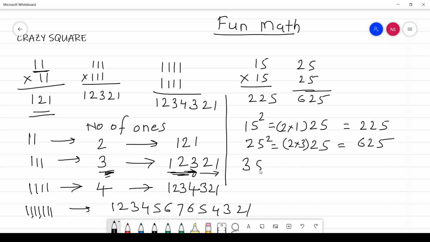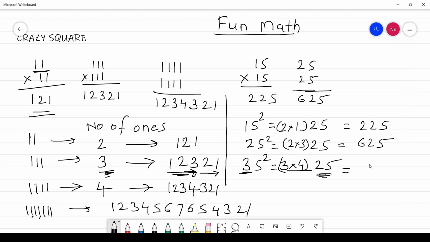Analogous to this, we can calculate the square of 35, that will end with 25. The square of a number which has 5 at its unit place will always end with 25, and the remaining digits will be calculated by multiplying the remaining digits in the number with the next number.